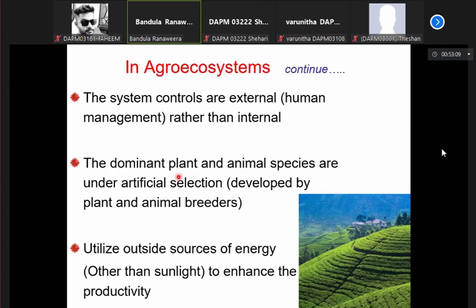Then you mentioned the artificial community in the agroecosystem, and this is how it is created. The system is controlled by human beings, internally or externally. We act as an external factor, but we go into the system, planting there and having the operations carried out. So, in order to fulfill our requirements, we select the dominant plant and other animal species.